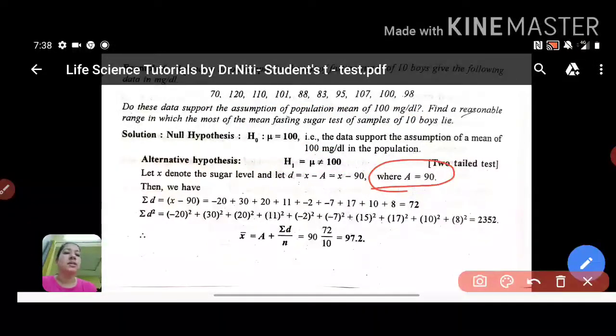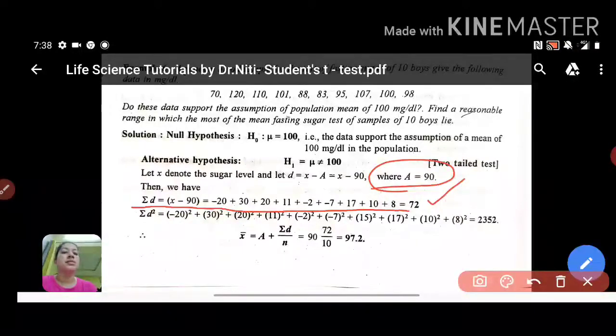After determining it, they have determined the deviation of all the observations from 90, that is x minus 90: 70 minus 90, 120 minus 90, 110 minus 90. In this way they have determined the deviations of all the observations, and this is the summation of deviation.